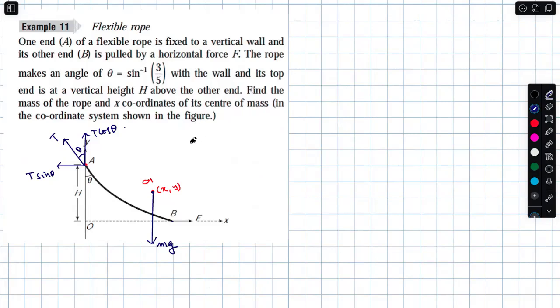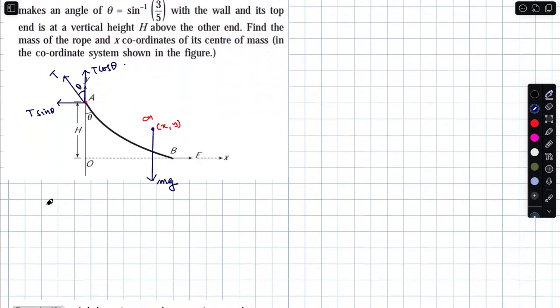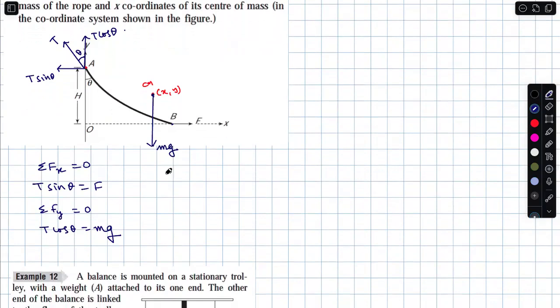Now the question is, okay, fine. Whatever we are doing till now, sigma fx is equal to 0, means T sin theta is equal to F. Sigma fy is equal to 0. In the entire chapter I am doing only 3 steps. What are those 3 steps? T cos theta is equal to mg. Right. So with this I can know theta.